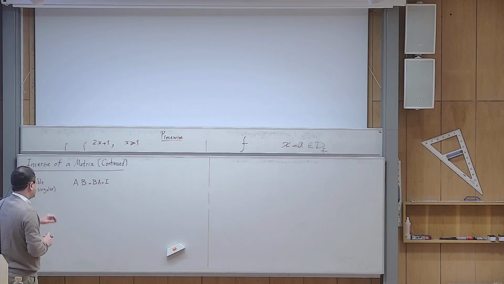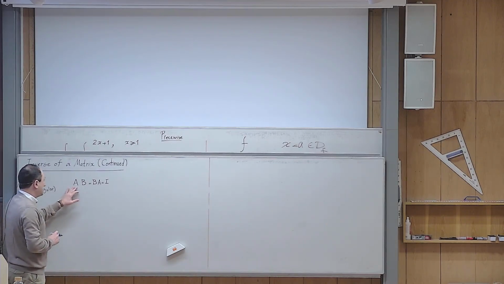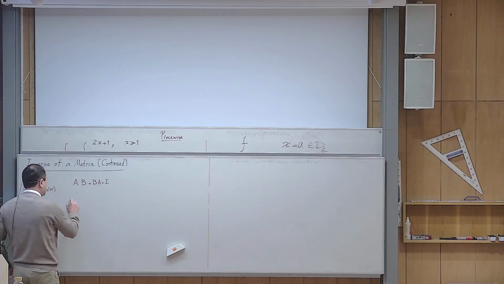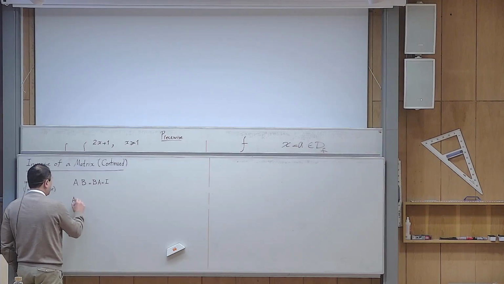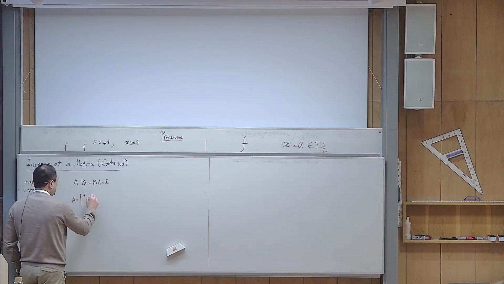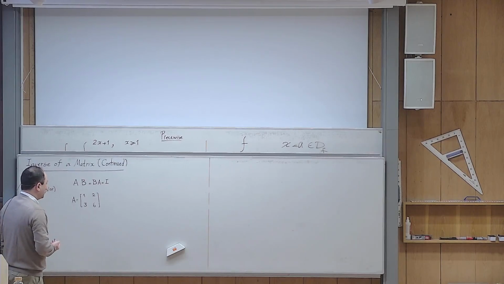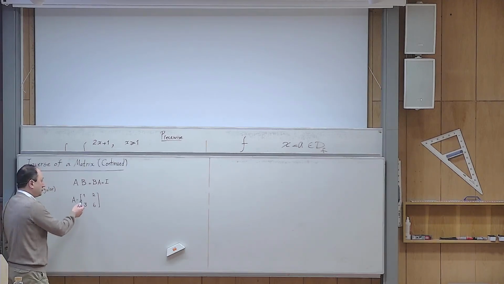Then we learned that this is not always the case that a given matrix is invertible. For example, a matrix like this, 2, 3, and 6, I think that was the matrix. So we learned that this matrix is not invertible, even though it doesn't have any zero entries.